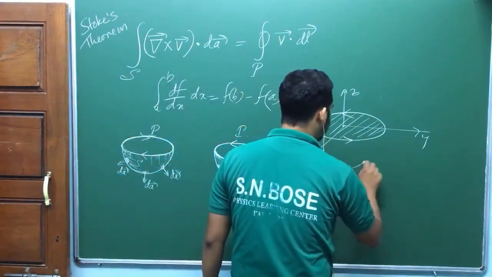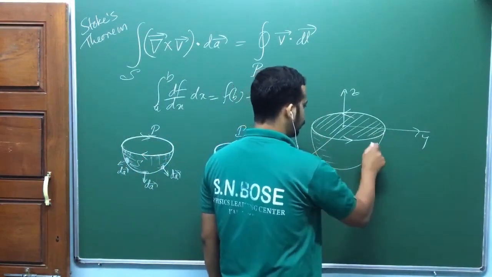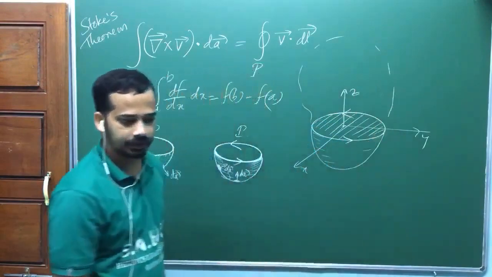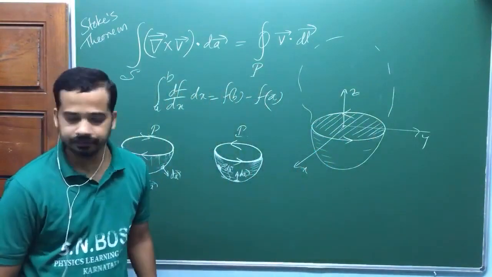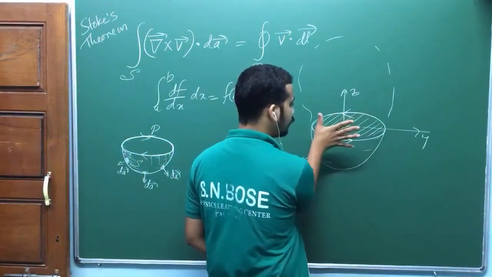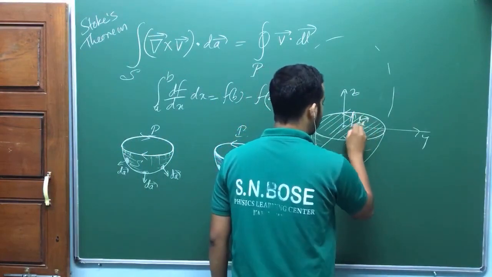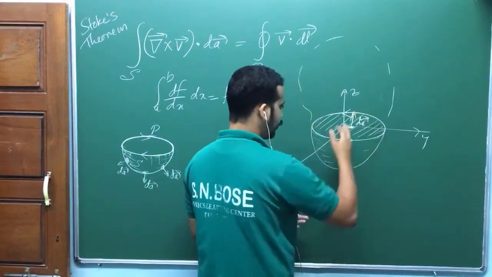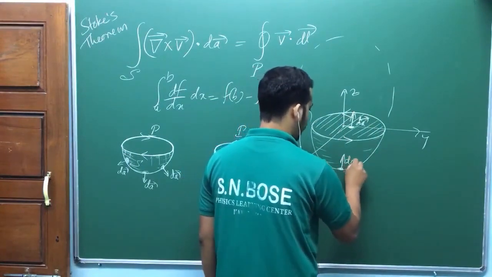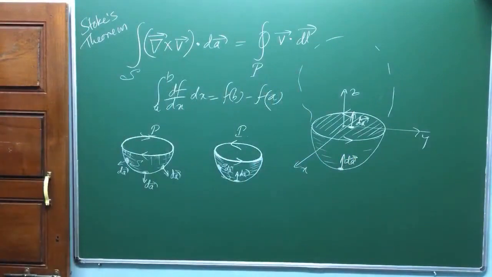You can take a hemisphere, or any weird kind of surface, a balloon kind of surface. That's your choice. But the convention is, if the path integral runs like this, your dA vector should run like this. If you take a hemispherical surface, your dA vector should run like this. That's the logic.